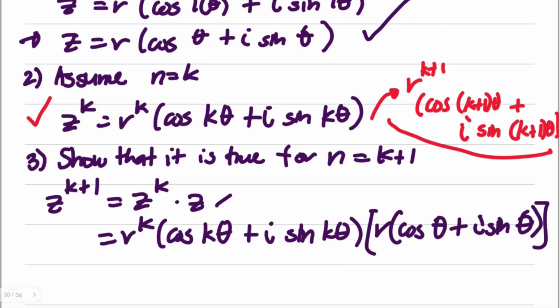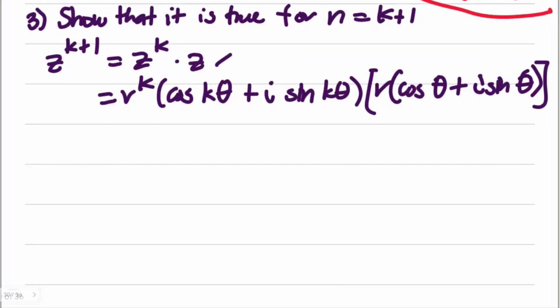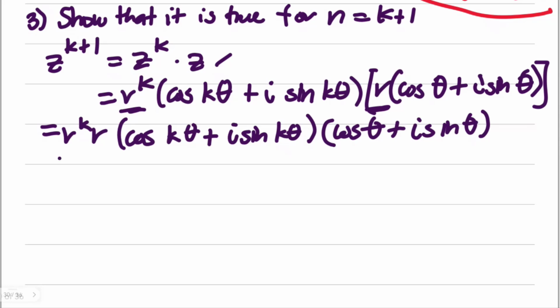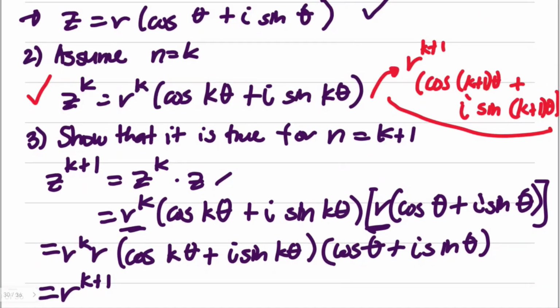This is the proof by induction. Okay, please bear with me. So this is actually equal to r to the k times r. As we multiply these two, then you have here cosine k theta plus i sine k theta times cosine theta plus i sine theta. We know this using laws of exponents. You have r to the k plus 1. So basically, this is already done.